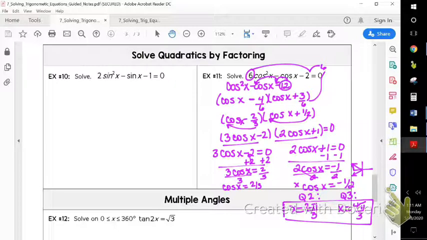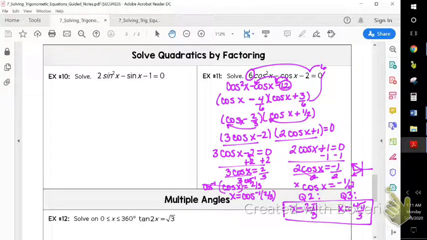They're just not ones that we have written on our unit circle. So we're going to use our calculator to help us find this. If I'm looking for x, we're going to get rid of cosine by doing the inverse cosine. So we're taking the inverse cosine of both sides, which makes that cancel, and then the inverse cosine of this side.